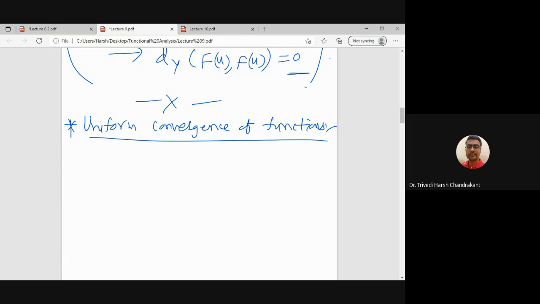Suppose we have a sequence of continuous functions f1, f2, ..., f_n. So for each n, we define the function f_n from metric space X to metric space Y to be a continuous function. And why do we need uniform convergence? Let us see one example.